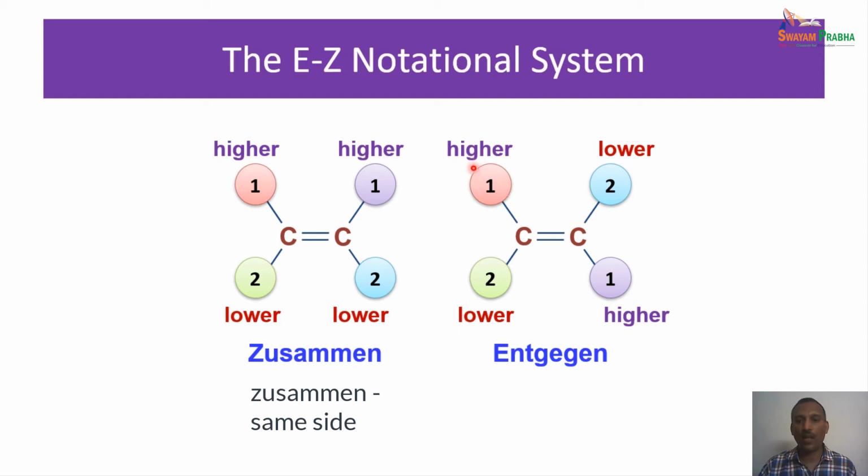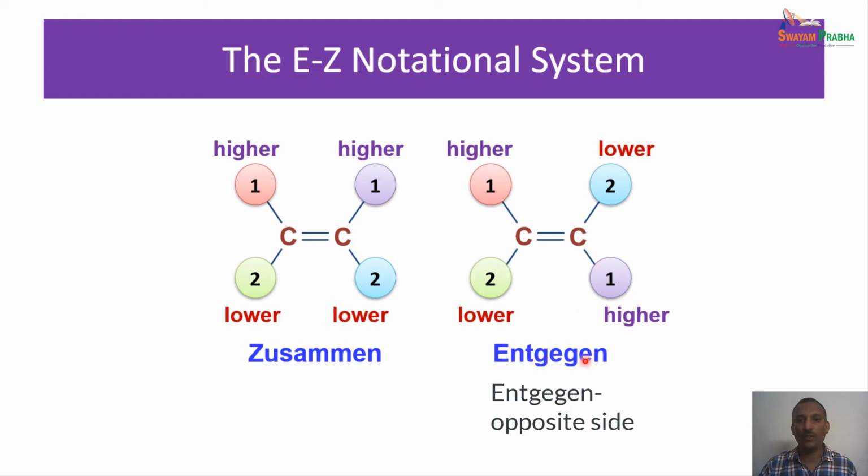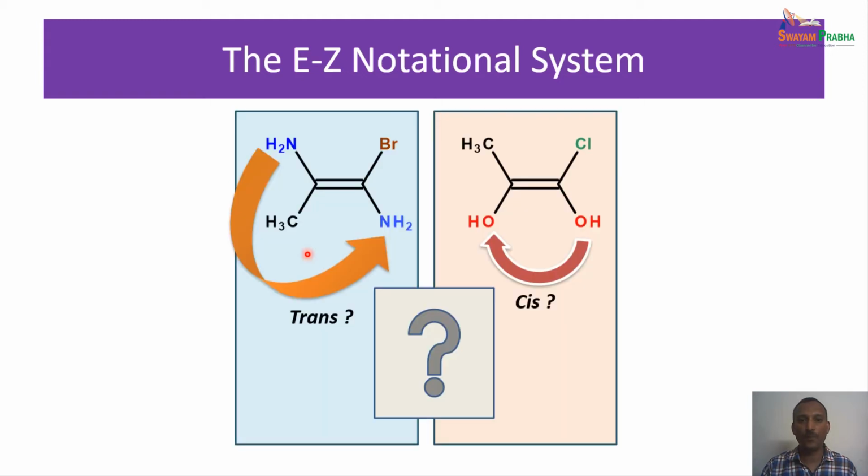And if the higher priority groups across the double bond are on the opposite side, then we say it is Entgegen, or the opposite side, a German term. So this is the E isomer. In this way it becomes very easy. It doesn't matter whether they have the same groups or different groups. We can always assign the EZ nomenclature to double bonds, but cis-trans isomer cannot be easily applied to the double bond when the groups are different.